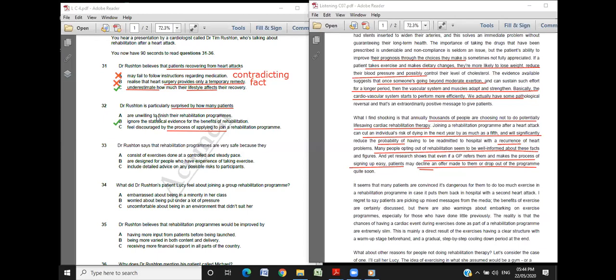What is he surprised about is that even though we have so many facts and figures that it can reduce the heart attack, it can reduce the risk of dying by 1/5, okay, but still people decline. Even if the GP is helping them to sign up, still they decline. So GP is helping them, that helps you to rule out option C, and therefore B is the correct answer here.